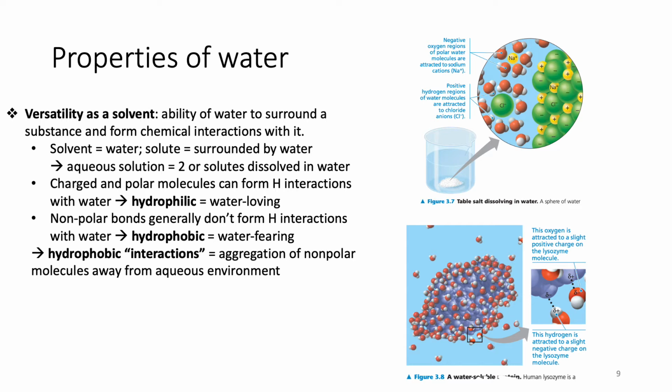Any substance that has an affinity for water is said to be hydrophilic, or water-loving. This affinity is due to the hydrogen bonds between water and the charged or polar chemical groups of that substance. But there are, of course, substances that do not have an affinity for water.